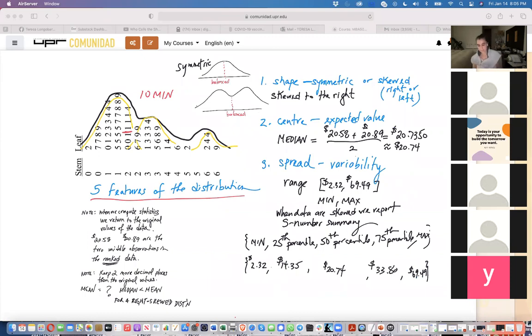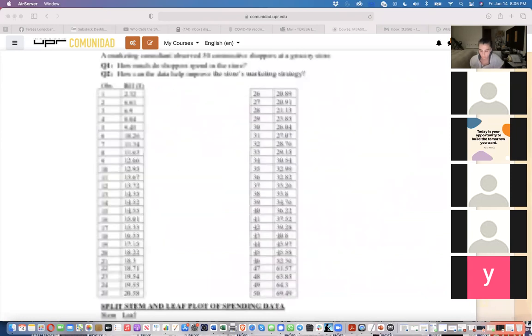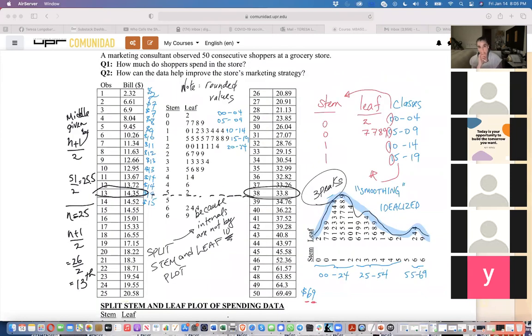Any questions? Teacher, could you please repeat again for me the percentile? I don't understand that. Okay. So the 50th percentile is the observation with 50% of the observations below.